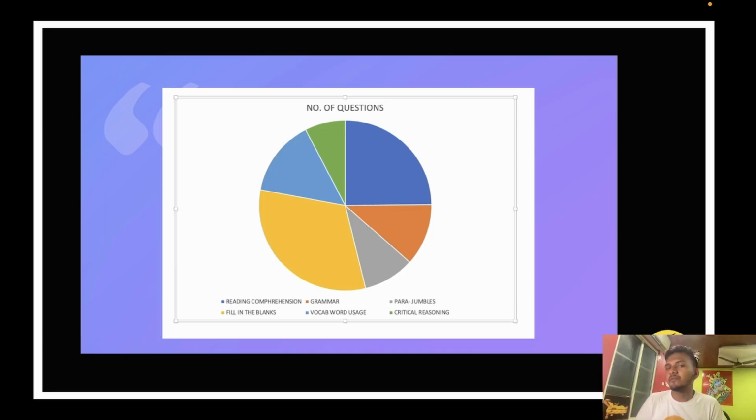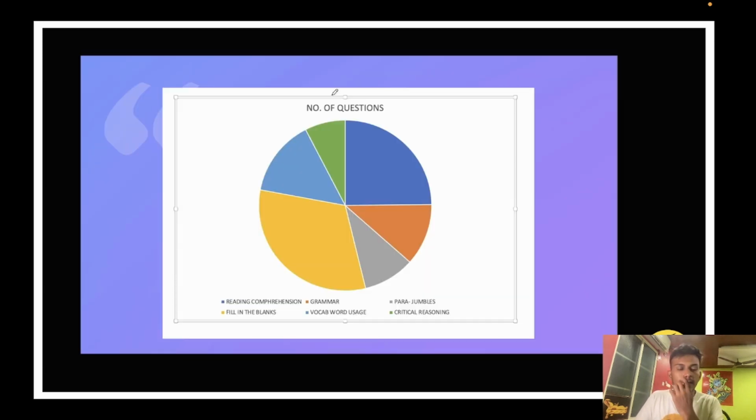Look guys, we have questions from grammar, reading comprehension, vocabulary, word usage, fill in the blanks, para jumpers and critical reasoning, right? So the grammar section directly tests your grammar, right? Fill in the blanks also mostly tests your grammar, and sometimes vocabulary can also come, but mostly it's grammar that gets tested. Then there are para jumpers which require a lot of practice. There is reading comprehension which requires reading speed. We'll talk about what all we have to cover.